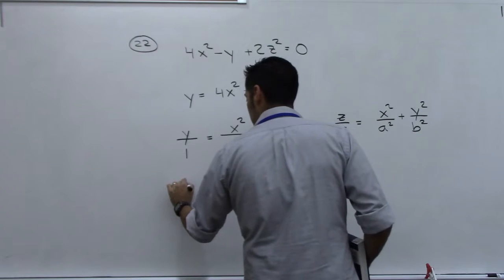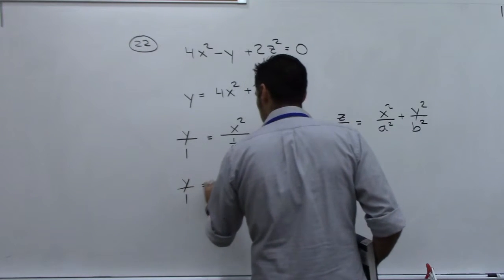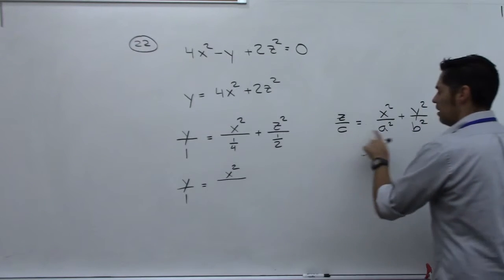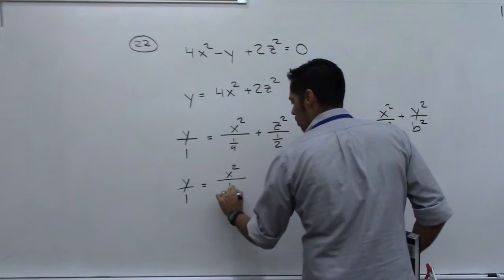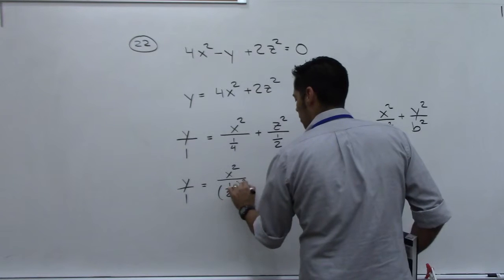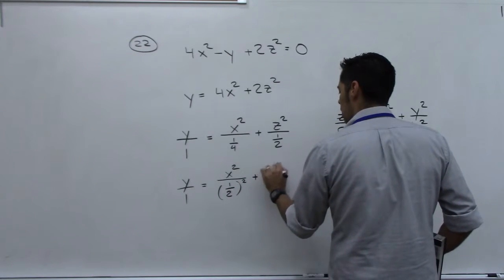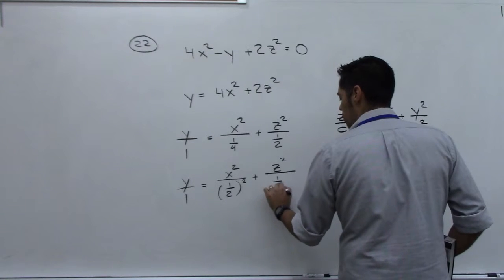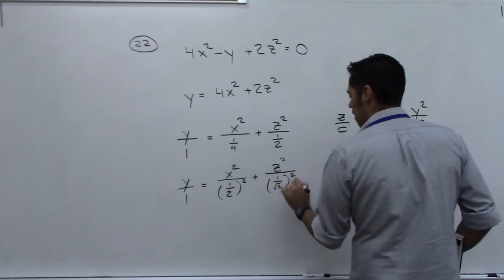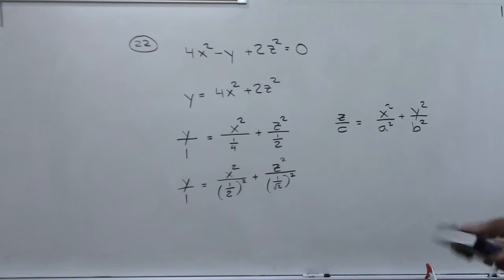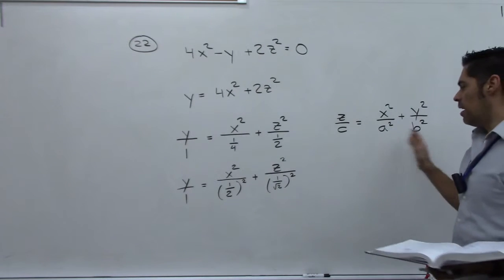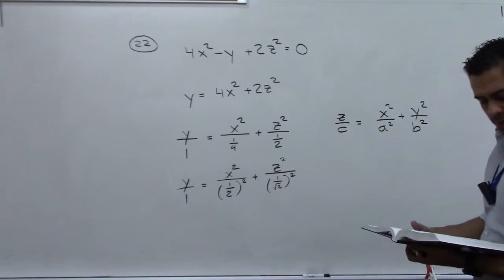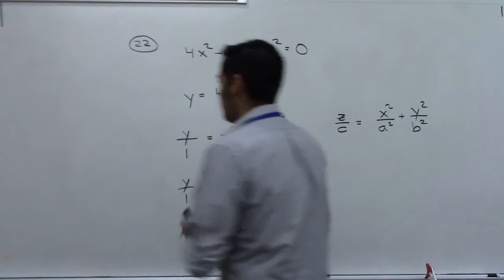And then I can rewrite this as y over 1 equals x squared over, now this is like the a squared, so I'm going to put 1/2 squared, and then plus z squared over 1 over root 2 squared. So I've identified these letters basically, the numbers underneath those. So that is going to be an elliptic paraboloid.